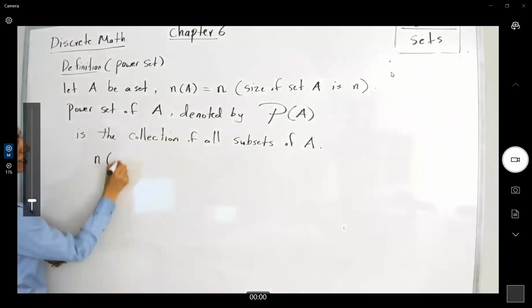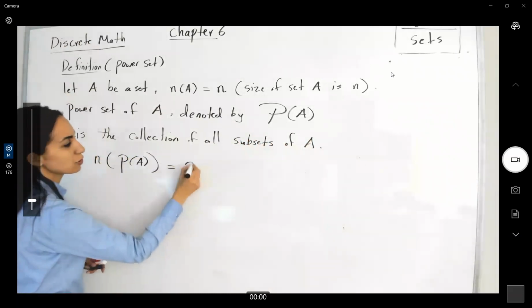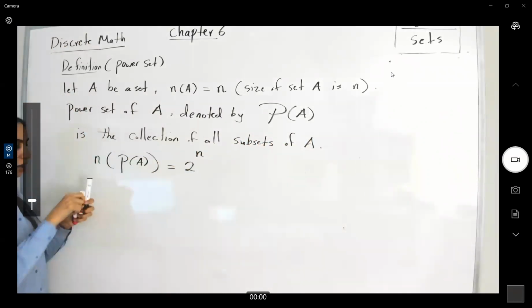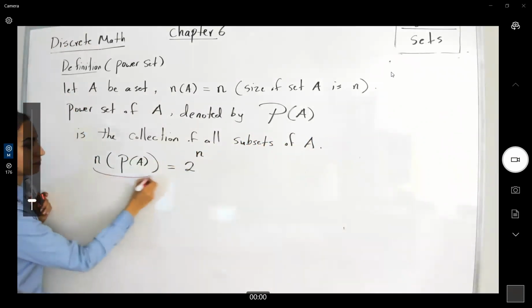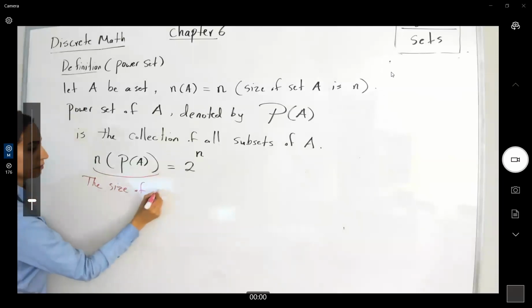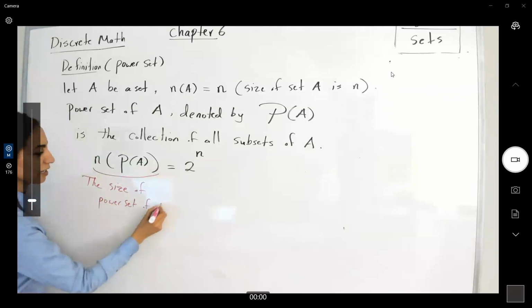So n of P of A is equal to 2 raised to n. This is the size of the power set of A.